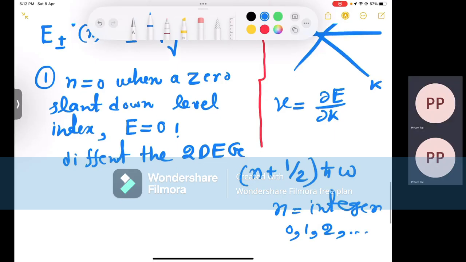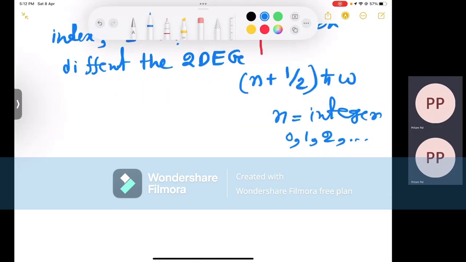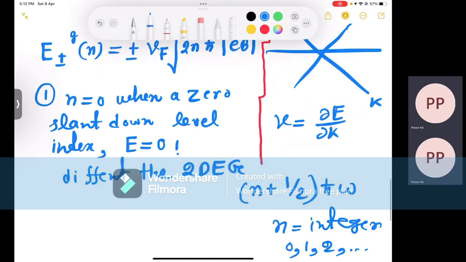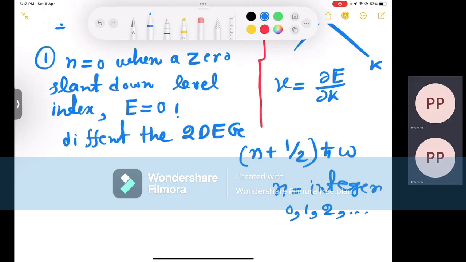That's how it works for the two-dimensional electron gas system, but not for this one. So it's non-zero energy there, but in graphene, the zeroth Landau level has zero energy.